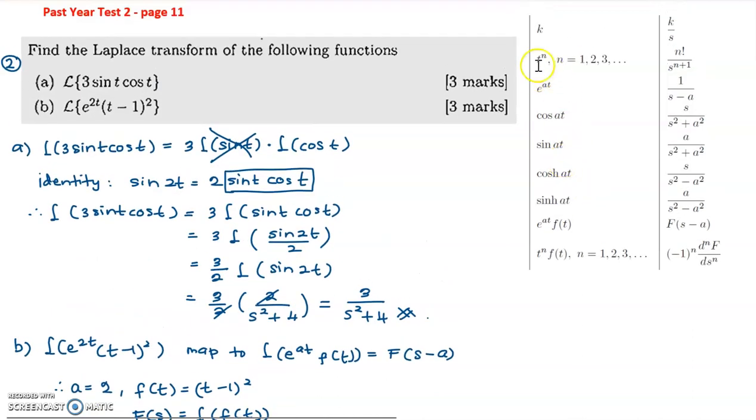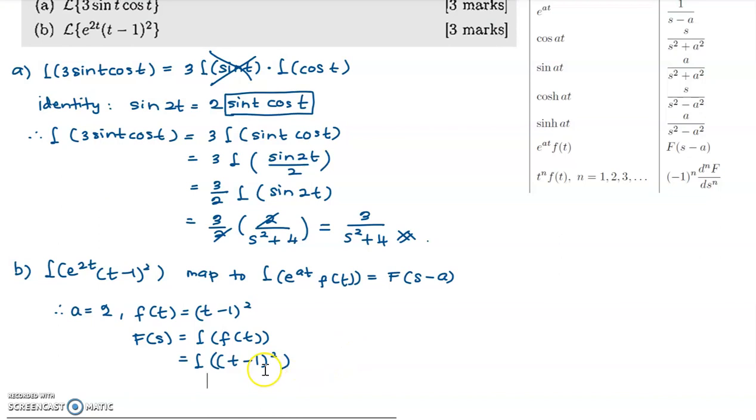We have t to the power n alone, but in our case we have t minus 1, and outside we have the power of 2. Somewhere here we also have t to the power n, but it is multiplied by some function f(t). So directly from the table we cannot get the solution.